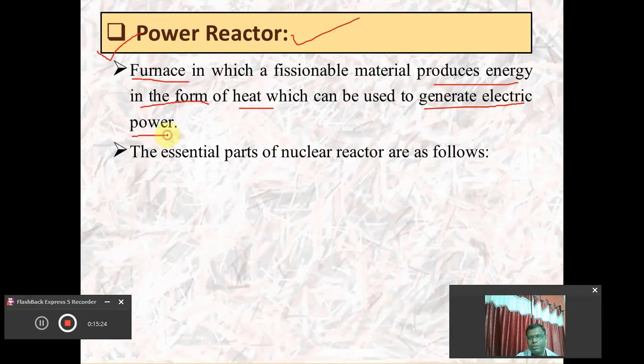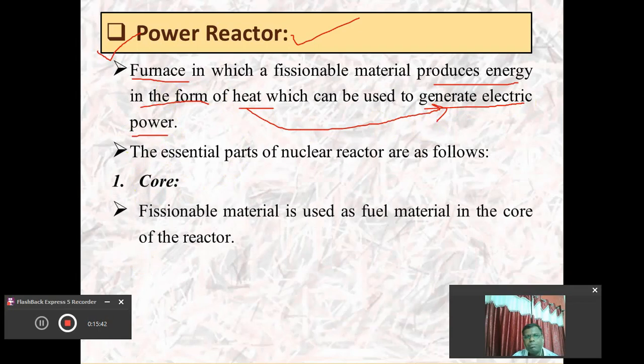So here the simple conversion is that in this furnace the nuclear energy will be converted into steam or heat, and later this heat will be converted into electrical energy or electric power, and that's why this is called the power reactor.